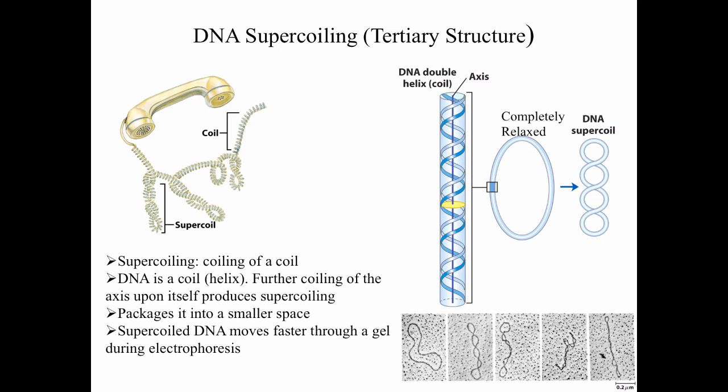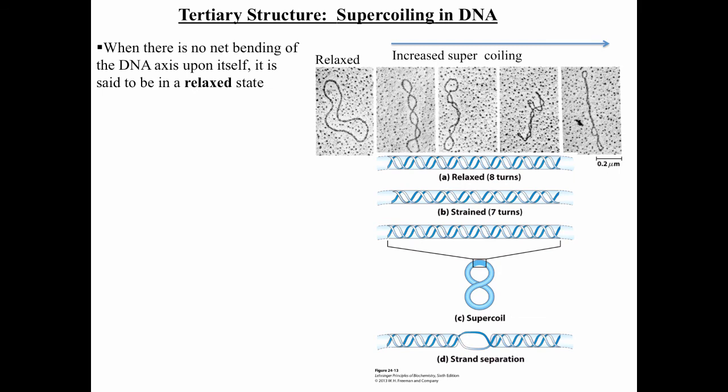because it's smaller. Okay. Now, when there is no net bending of the DNA axis upon itself, it's said to be in a completely relaxed state. So this is a circular DNA plasmid where there's no supercoiling at all. It's an electron micrograph of the plasmid. It's in a completely relaxed state because there's no supercoiling.